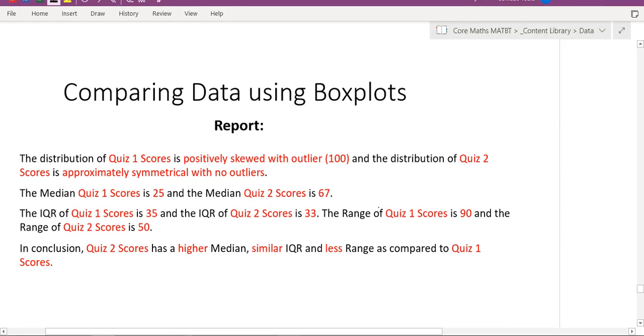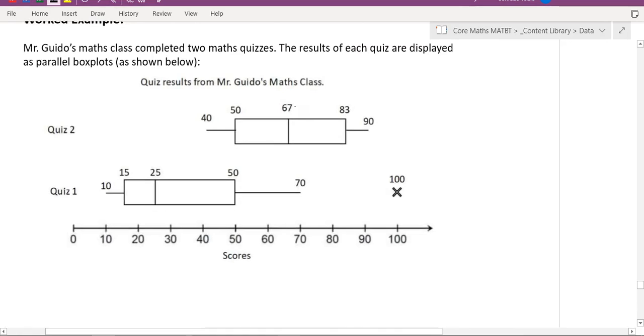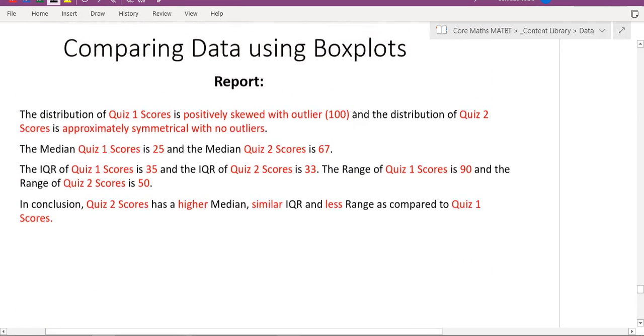And then they also talked about the range. So you have to talk about the range. So the range for quiz 1 would be... 70 minus 10. Actually, no, sorry. 100 minus 10, which would be 90. And then the range for quiz 2 is 90 minus 40, which is 50. So remember, range is just maximum minus minimum.